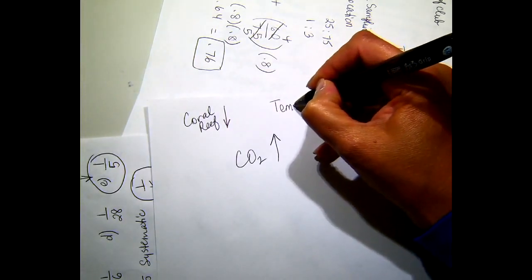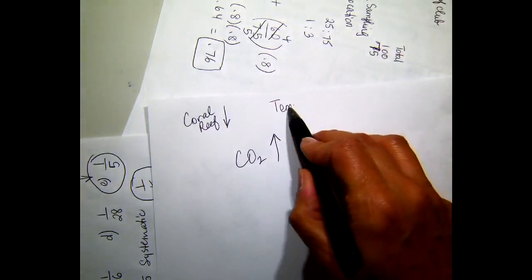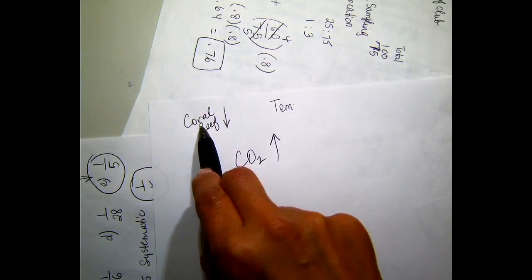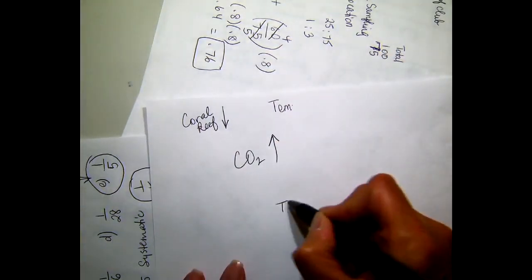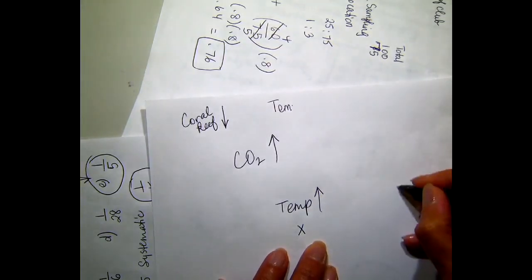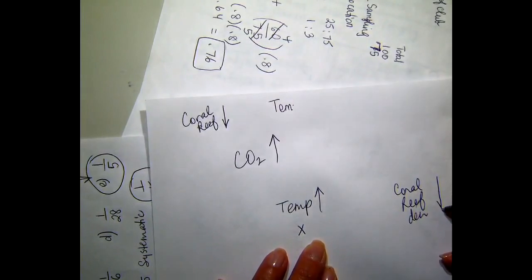Okay, so is temperature the independent variable? So is temperature going up making this thing go down? Okay, so temperature is the X variable going up, makes coral reef density go down. Is it true?